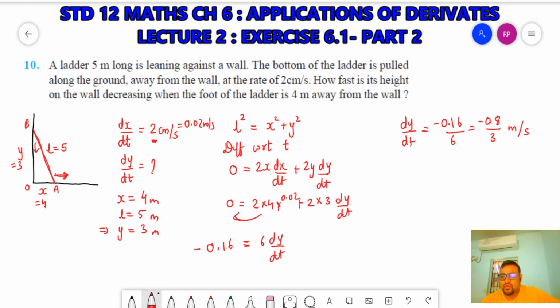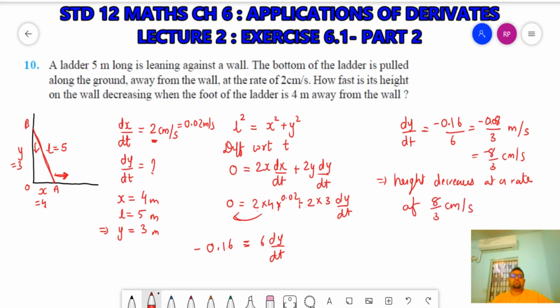When I convert it into centimeters per second, it is minus 8 by 3 centimeters per second, which implies the height decreases at a rate of 8 by 3 centimeters per second.